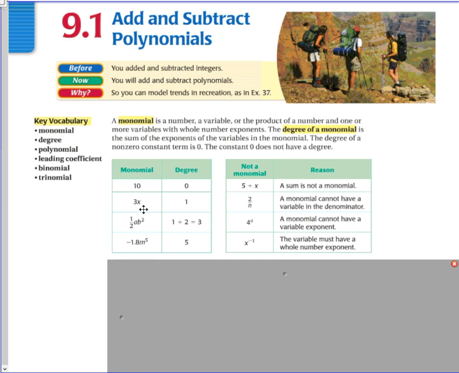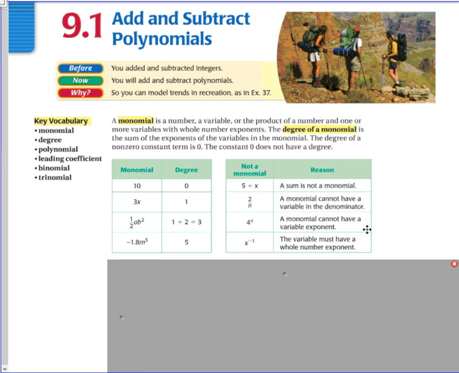For 3x, because x is the variable, it has a degree of 1, okay? For 1/2 AB squared, A has a degree of 1, B has a degree of 2, so 1 plus 2 equals 3. So that's how we get the degrees. It is only based on the variables, so the letters, okay?